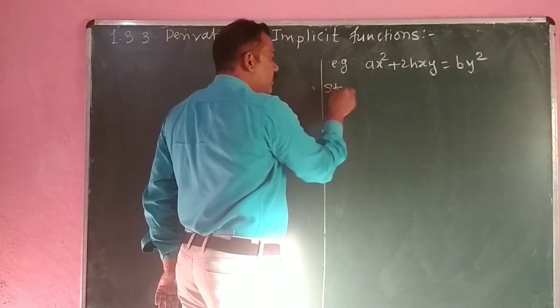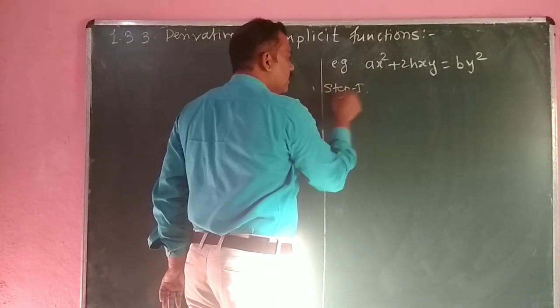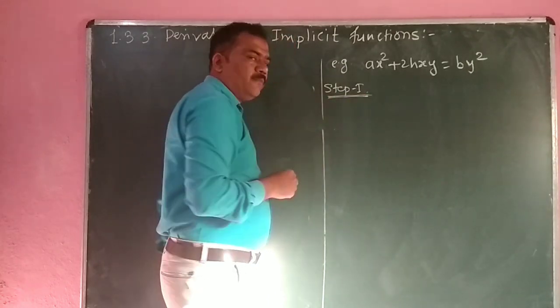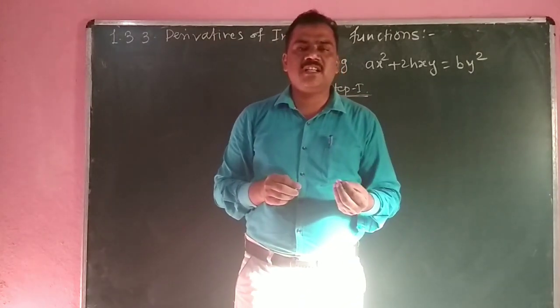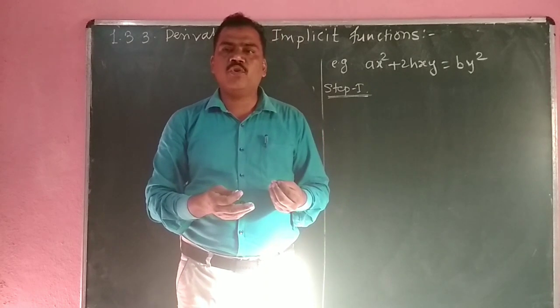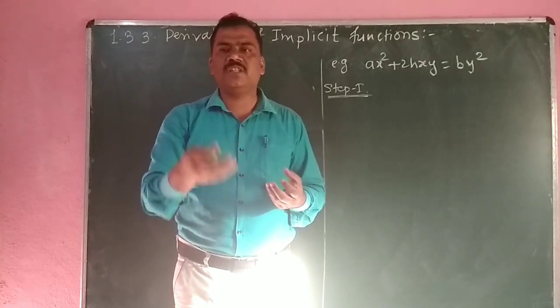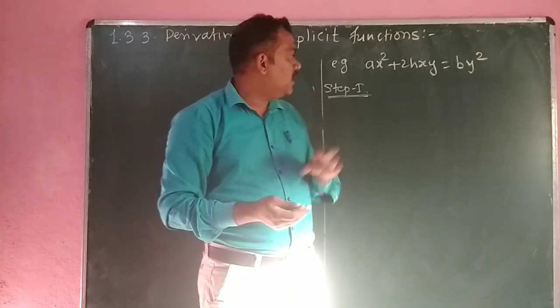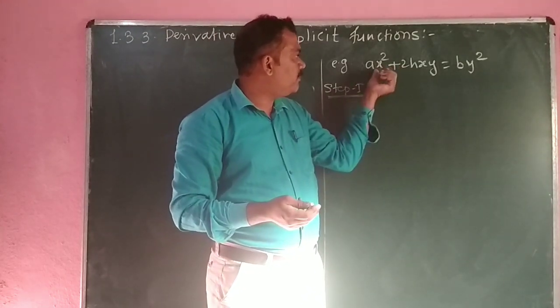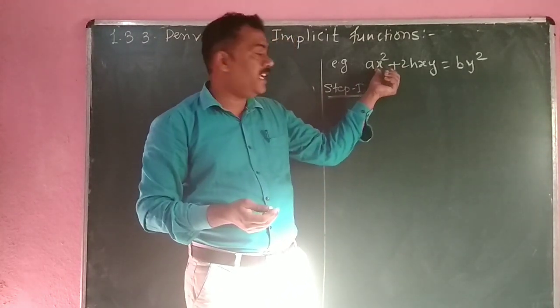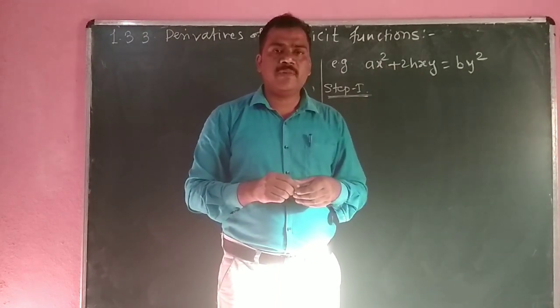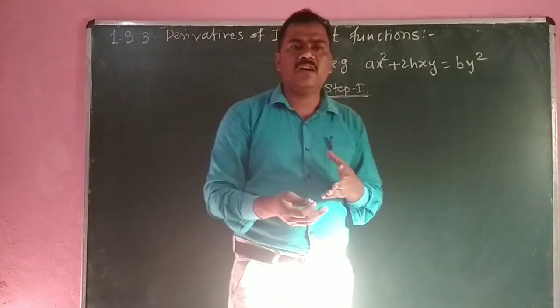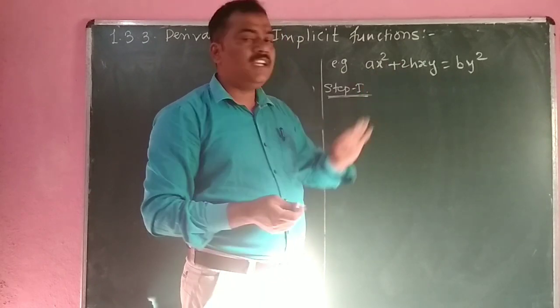Now step number first. In step number first, whatever the given function is, we have to differentiate both sides of the given function with respect to x, that is, with respect to the independent variable. When the implicit function ax square plus 2hxy plus by square is given, it means the question is to find dy by dx.